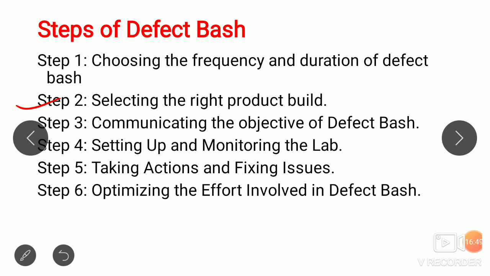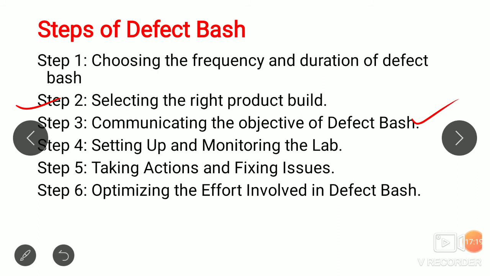We will see the third one. The third one is communicating the objective of the defect bash. Even though defect bash is an ad hoc activity, what is meant by ad hoc activity? Ad hoc activity means it is performed without planning and documentation, and these ad hoc activities are done only once. Even though defect bash is an ad hoc activity, its purpose and objective have to be very clear.